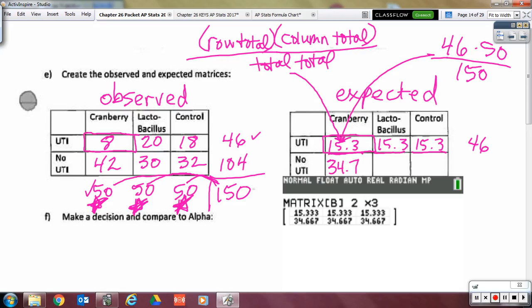But of course, if you don't catch that, you're welcome to again do row total times column total divided by the total. Okay? Because we have the same number of women in each group, there's that.